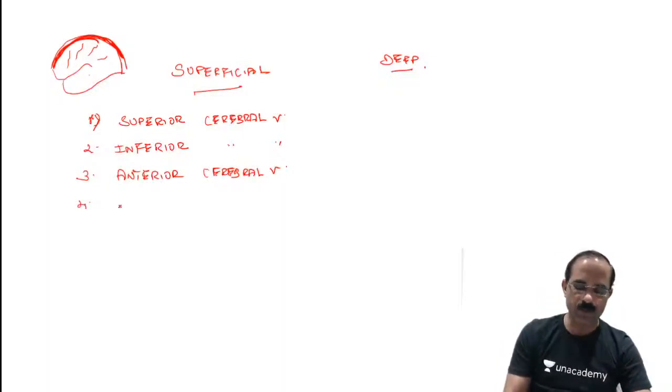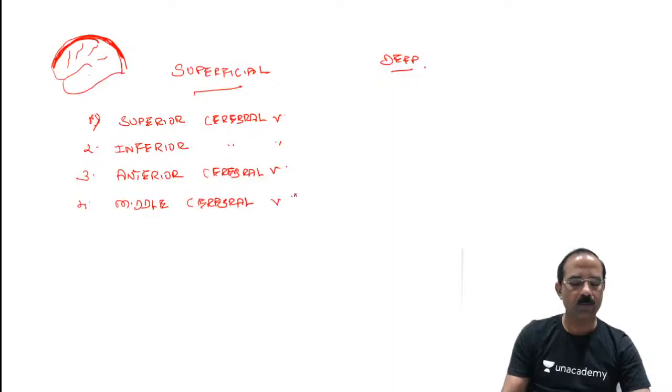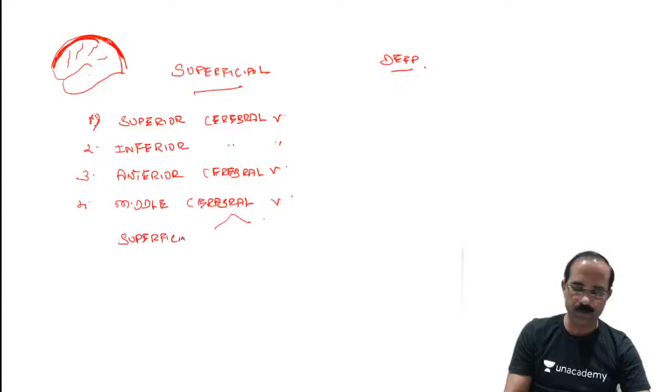And fourth is the middle cerebral vein. Middle cerebral vein is of two types. One is the superficial middle cerebral and the other one is the deep middle cerebral.